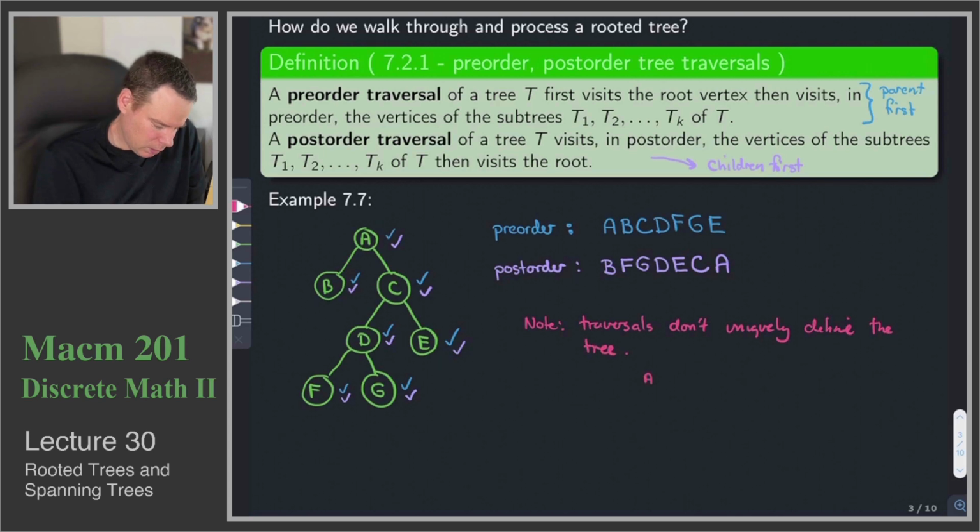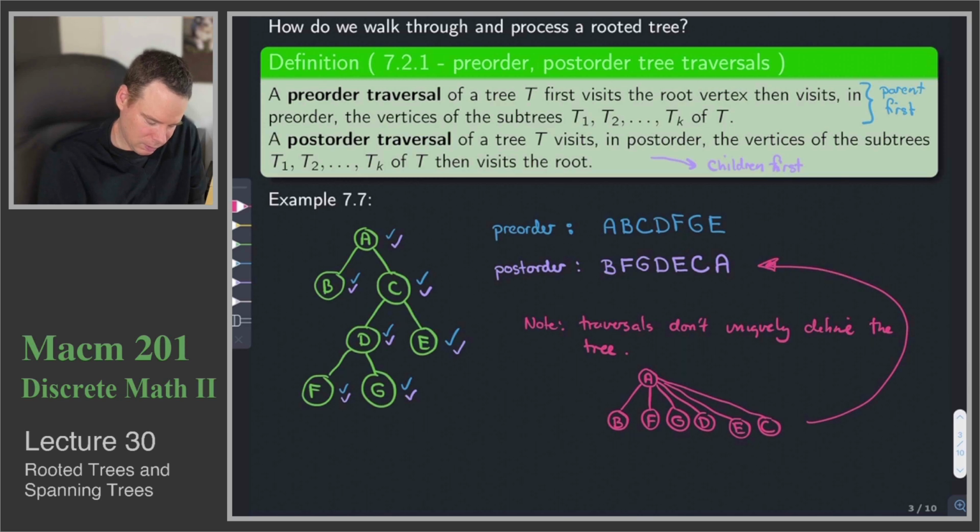For example, if I look at this rooted tree, A, B, F, G, D, E, and C. So if this was our rooted tree, then the post-order traversal of that would be B, F, G, D, E, C, A. And that's precisely the same as the post-order traversal of the tree we started with.